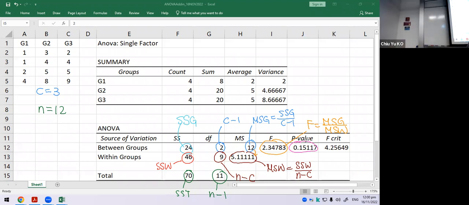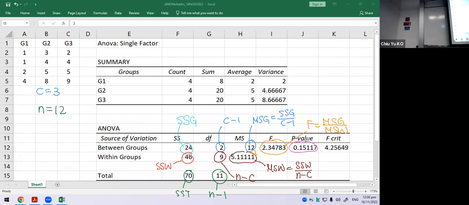Okay, is that clear? This is the most central thing for the one-way ANOVA, because at the end of the day, this is what you are going to do. You are not going to calculate anything, but you need to learn how to read the computer output. When we learned hypothesis testing, we did it by hand, but increasingly you will be using software, and that's why we're learning how to read the output.